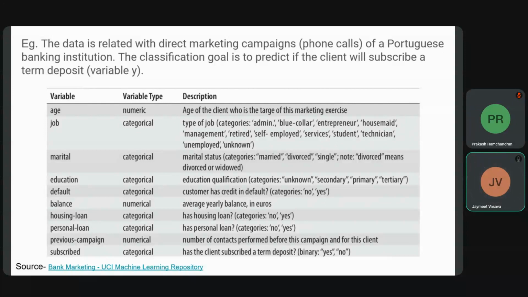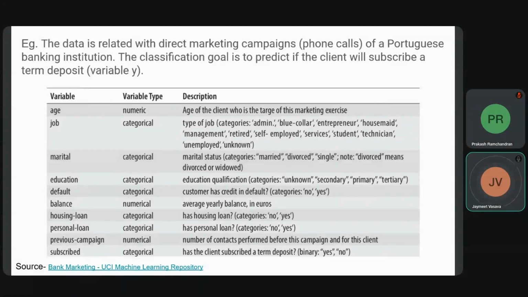Also, you can see that the job has many categories, like administration, blue collar, entrepreneur, housemaid, retired, self-employed, etc. The categorical data for marital status is married, divorced, single, where divorced also means divorced or widowed.